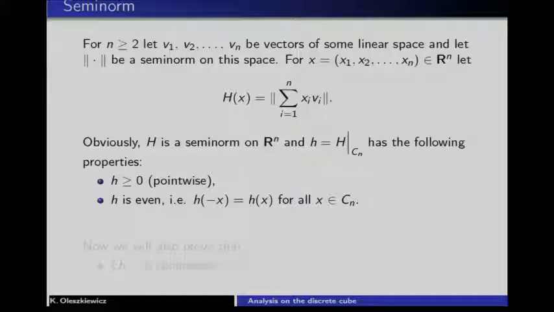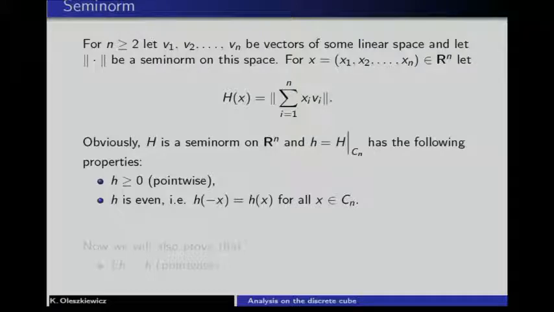So when we have a semi-norm on Rn, we can restrict it to the discrete cube. We can just treat the discrete cube, {-1, 1} to the power n, as a subset of Rn. So we restrict this semi-norm to the discrete cube. And we produce this semi-norm just by taking the point x in Rn and multiplying xi by vi, well, these are our vectors, and then taking the norm from our normed space.